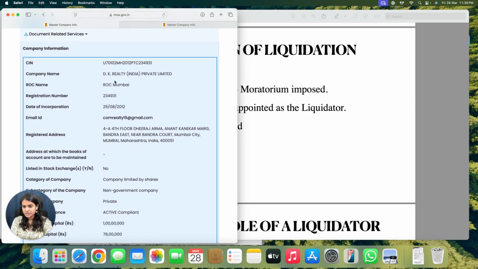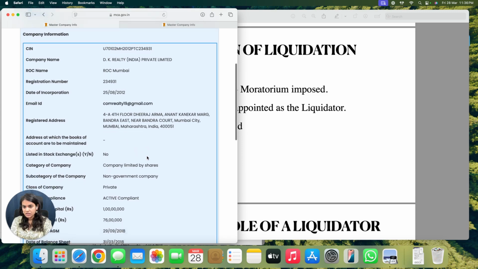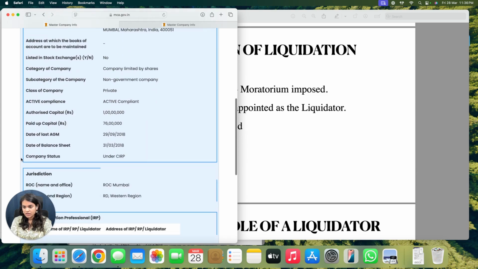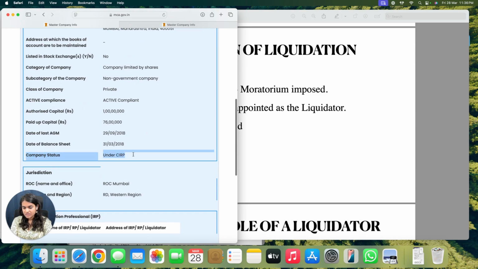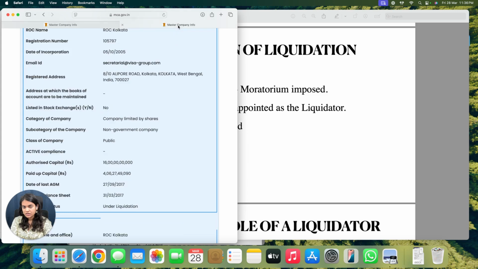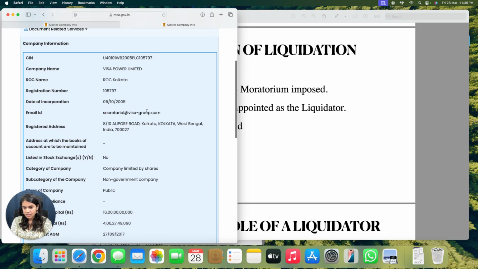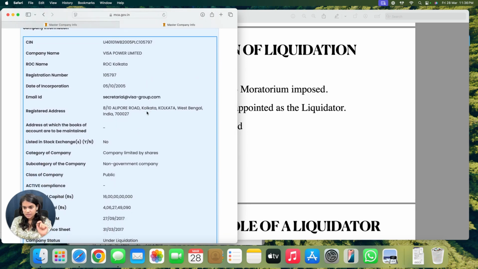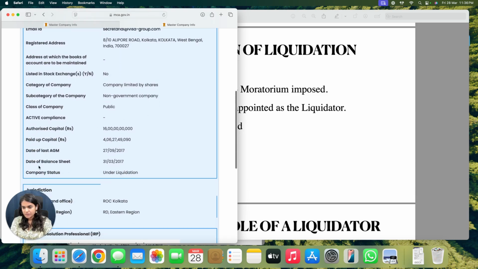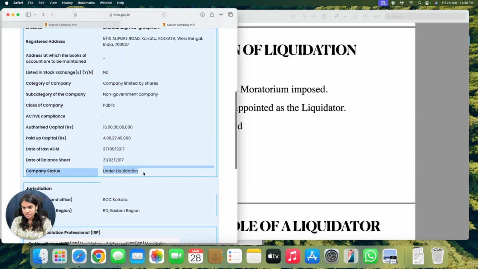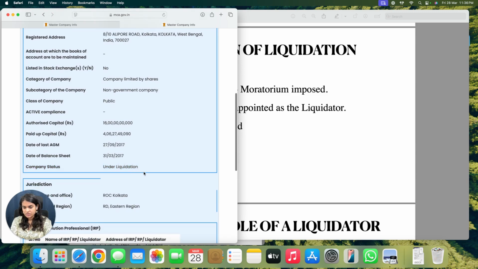This provides the preliminary data of the company, and under company status, it provides that the company is under CIRP. Similarly, this is a company called Visa Power Limited, and for this company, it shows that the company is under liquidation, right?